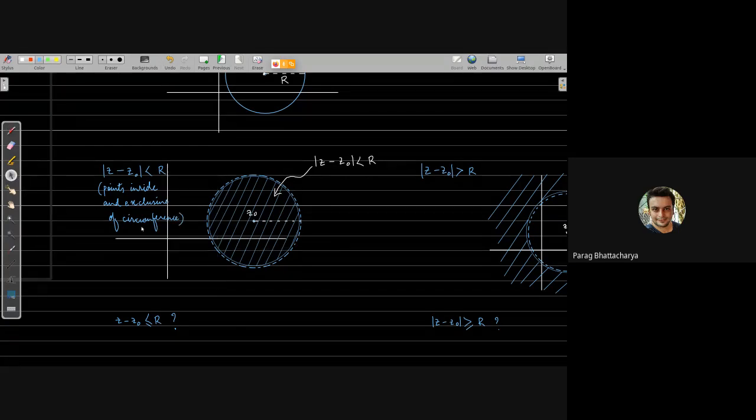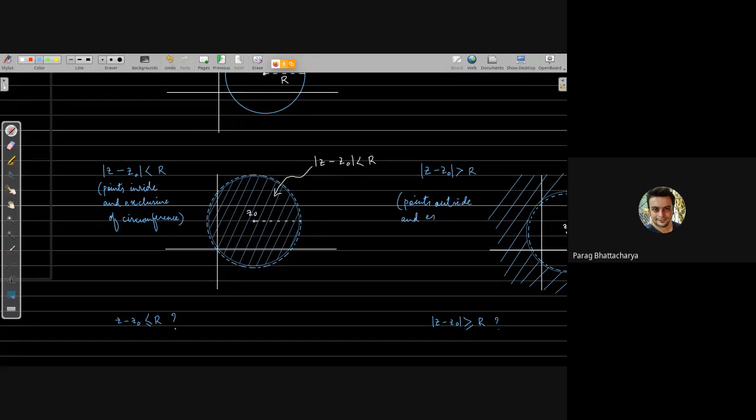And here this will be points outside and also exclusive of the circumference. Here it will be inclusive of the circumference.